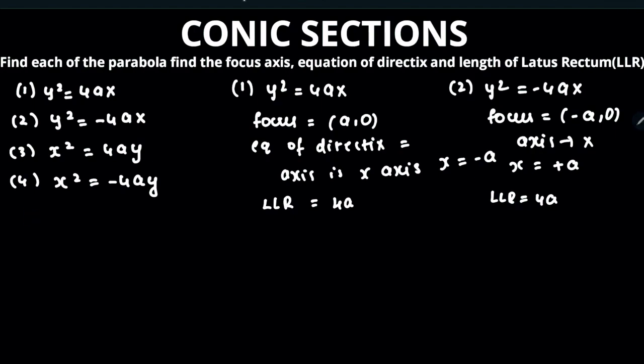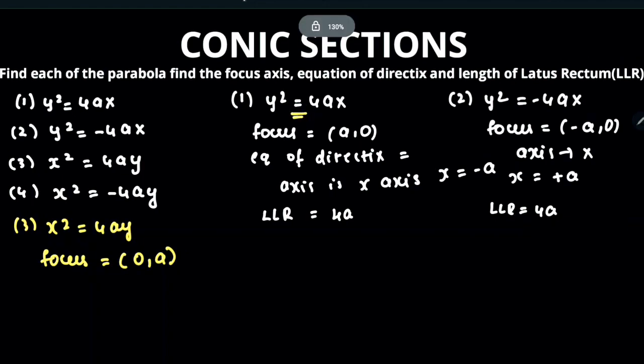So now let us move on to the third form, that is x square is equal to 4ay. Here, can you guess what is the focus? Focus is equal to 0 comma a. So there is a difference between y-axis and x-axis. Here in y form, you got x-axis, that is minus. If there is plus 4ax, then you have to write minus a. If there is minus 4ax, then plus a. And focus also a comma 0 and minus a comma 0.